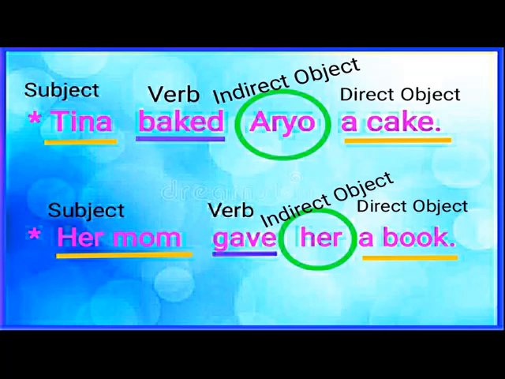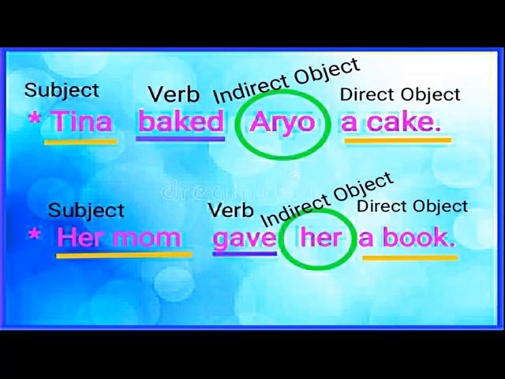In this sentence, her mom is the subject or the doer of the action performed by the verb. Gave is the transitive verb. Now your question, her mom gave what? And the answer is a book.